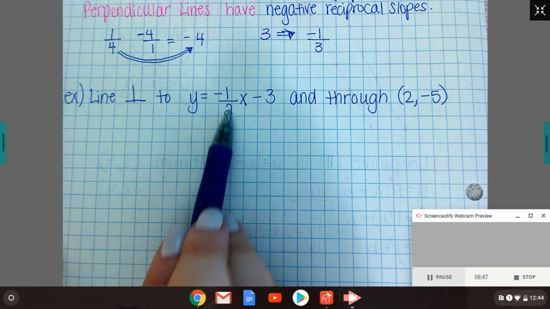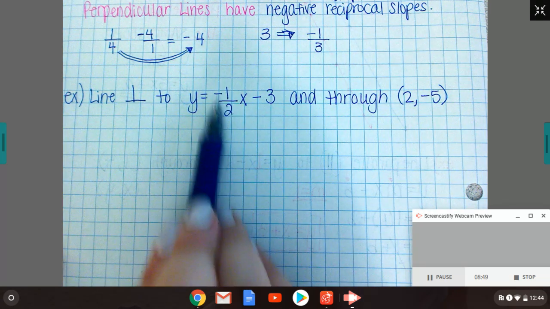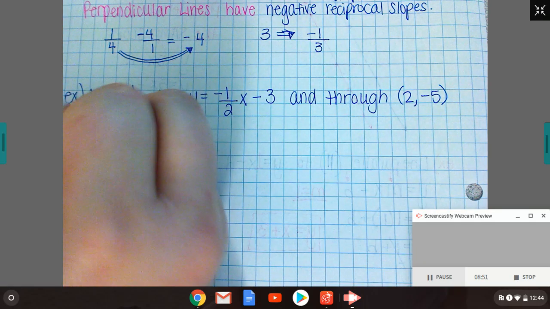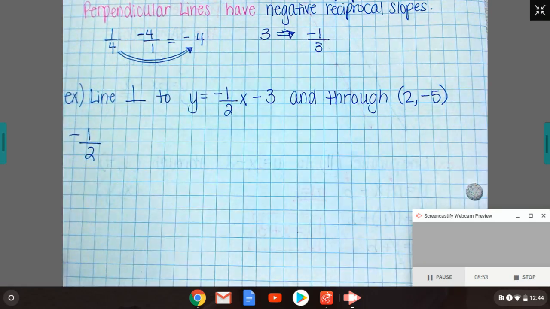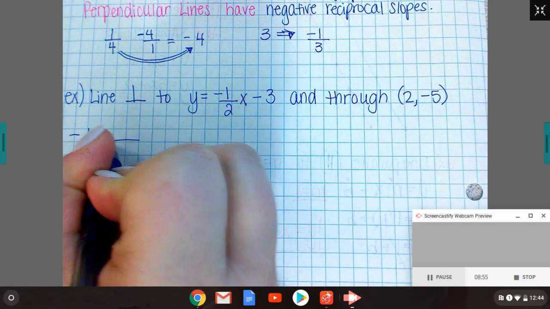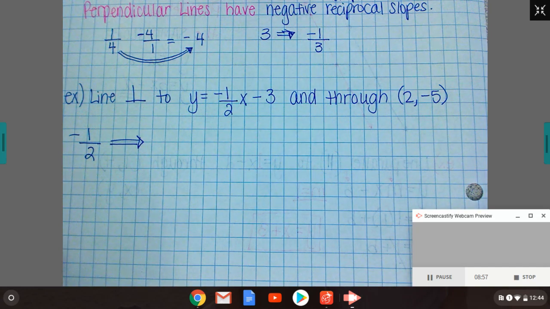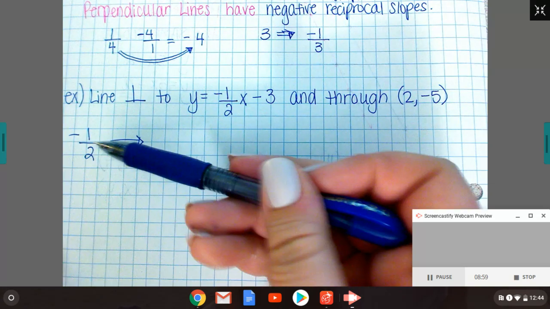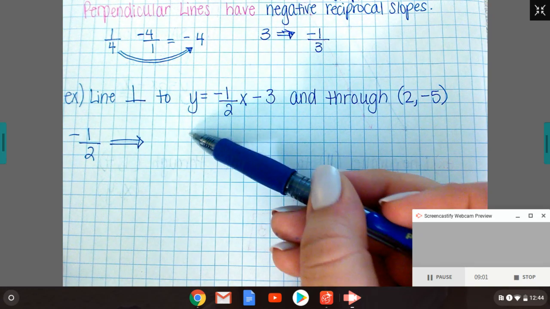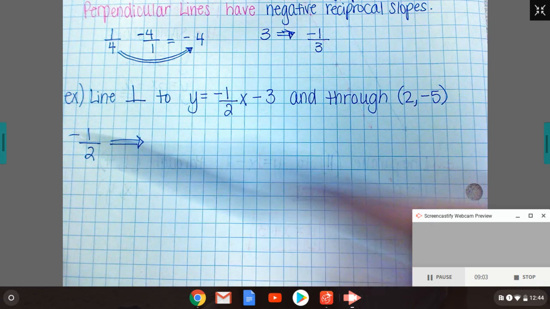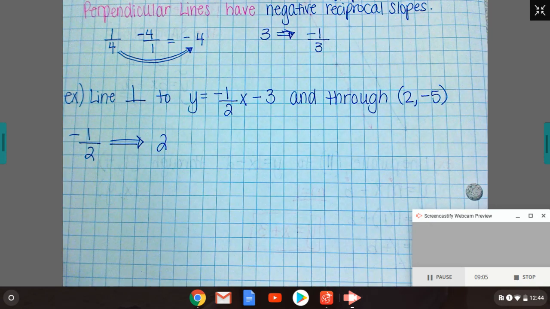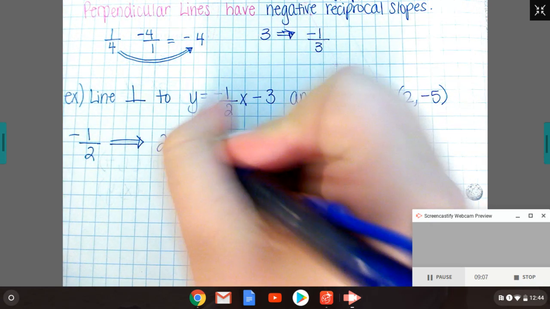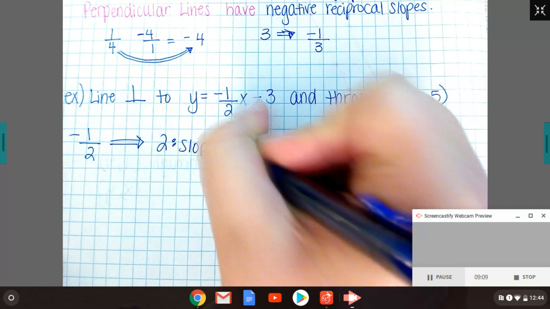So first let's figure out our slope. If we started with negative 1/2, we need to go to the negative reciprocal of that. So we need to flip it and make it the negative of whatever it was. Well, it's negative right now, so the negative of a negative is going to be a positive. And I need to flip it, so this is going to give me a positive 2. So my slope is 2.